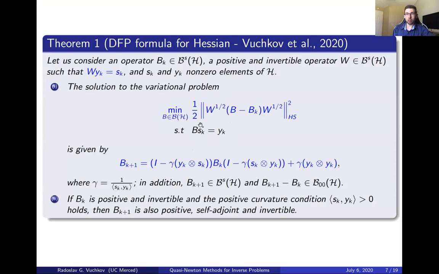This is called the secant constraint, and W satisfies some constraint. The solution to this is the DFP update. The rest of the theorem just tells you that this behaves as expected, as in the finite dimensional case, given some conditions.